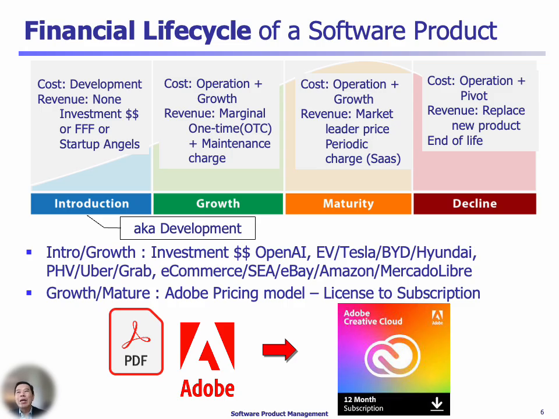Now, every product will eventually have a decline, and a competition will come in, or some other game changer will change the landscape, and you would need to pivot and continue to compete in the other market, or you will lose out, such as a company like Nokia, or be bought away.